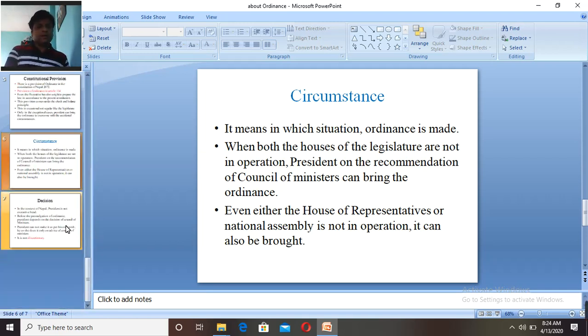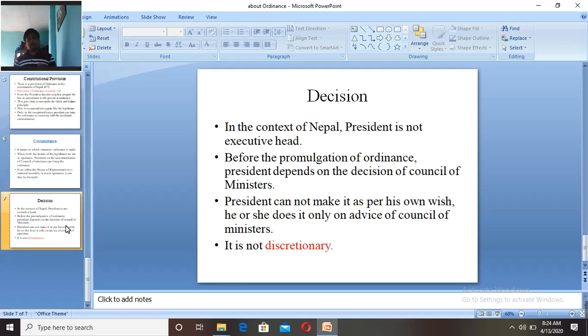And the decision is taken by the council of ministers in order to bring the ordinance. There is a serious discussion between the president and the council of ministers in order to bring this ordinance. Without the discussions between the president and council of ministers, it cannot be brought, it cannot be promulgated.